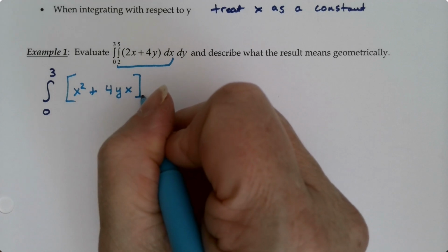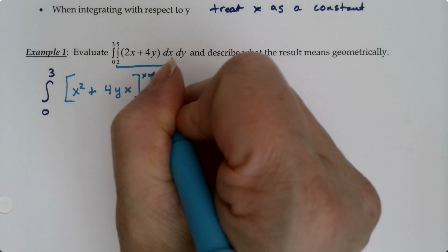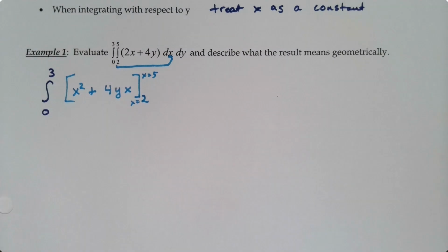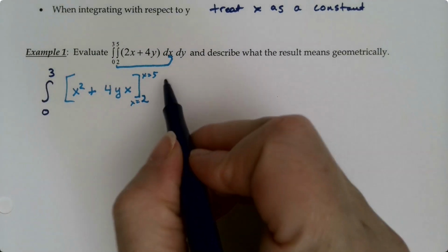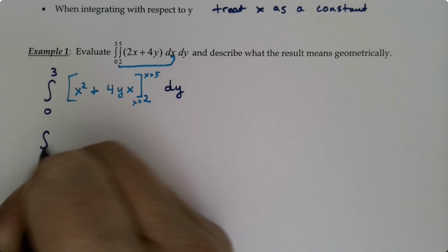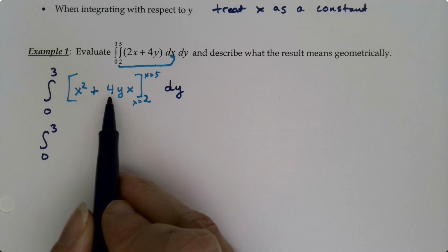And then we want to integrate that from x equals 2 to x equals 5. The differential being x lets us know those are x values. And then we still haven't done anything with the y, so dy just kind of sits out there on its little lonesome. All right, so we're going to integrate from 0 to 3. Now we're going to put 5 in and then put 2 in.